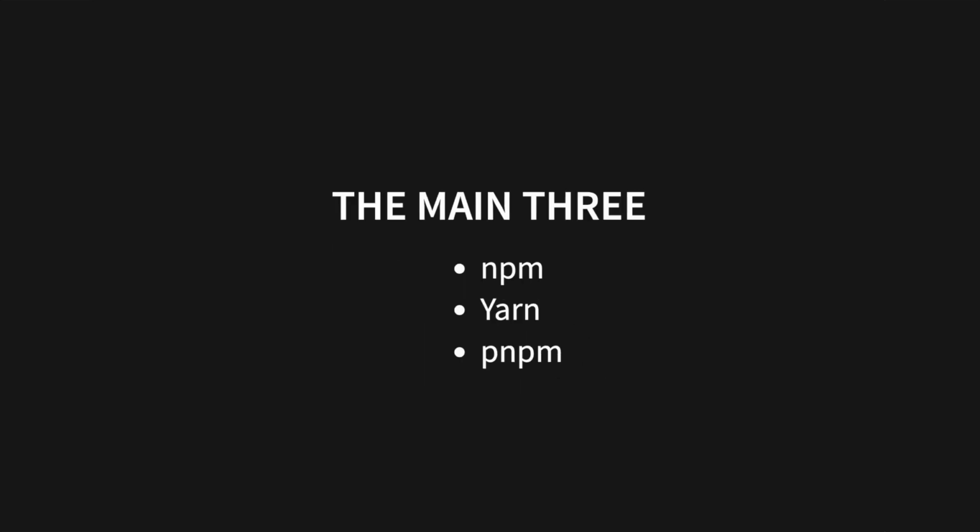The most commonly used package managers for JavaScript are npm, which is the default package manager for Node.js and is installed automatically with it; Yarn, which was created as an alternative to npm, focusing on speed and reliability; and pnpm, which is built to solve some problems with npm, such as the large size of node_modules folders.